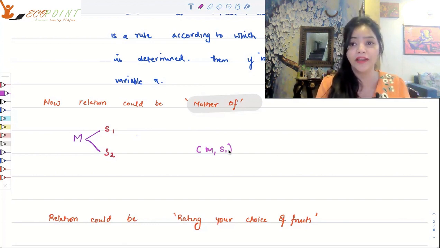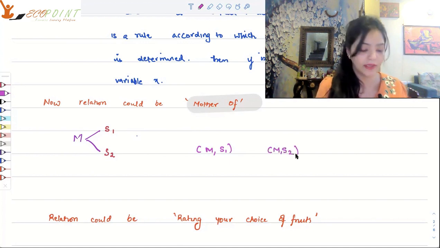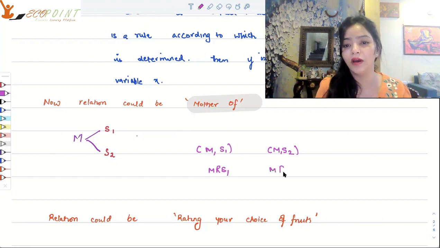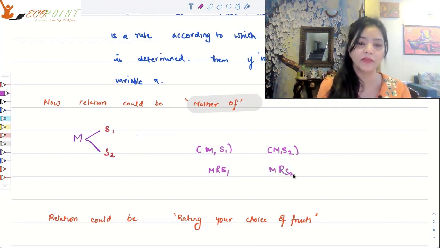The moment you write (S1, M), there will be a problem, because that would be saying that S1 is a mother of M. But that's not the case, right? So the ordered pairs that I get from here are (M, S1) and (M, S2). That simply gives you M R S1, meaning M is a mother of S1, and M R S2, meaning M is a mother of S2.